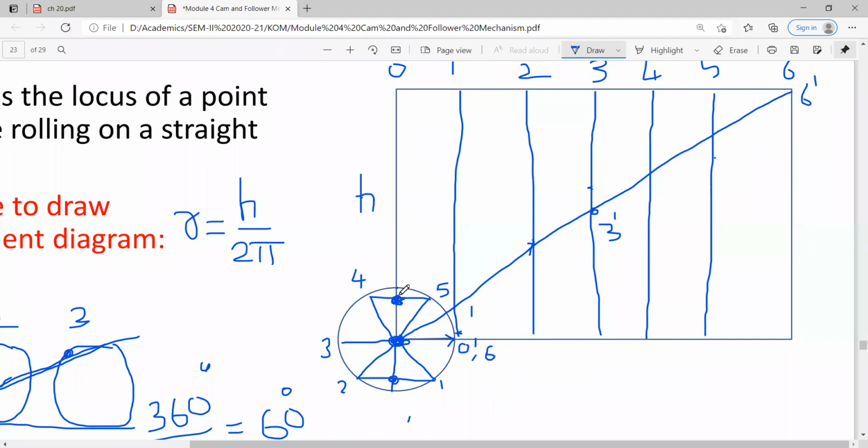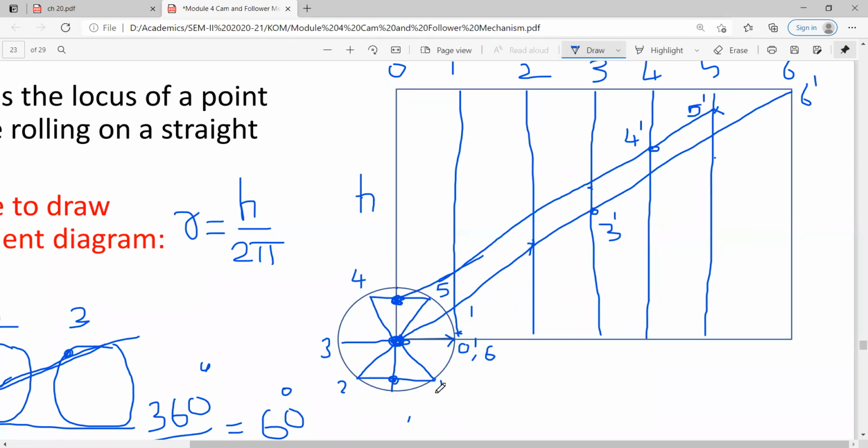Now at this point, points 4 and 5 are there, so from this point you draw a line parallel to the diagonal. It will cut line 4 and line 5. Where vertical line 4 is cut, you label that point 4 dash, and here you label it 5 dash.